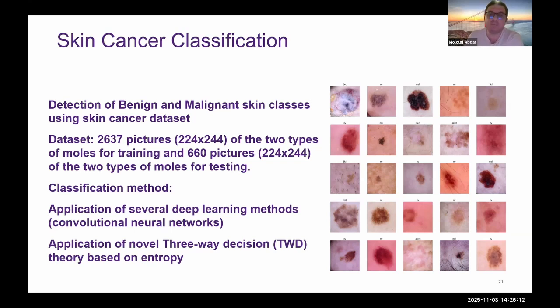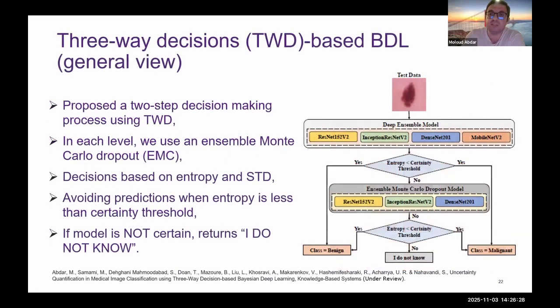Then we proposed a novel idea called three-way decisions based on entropy for this skin cancer classification.